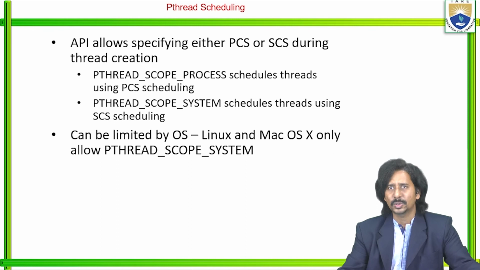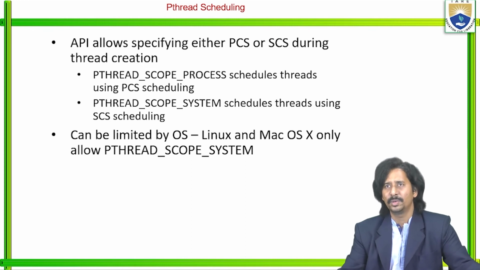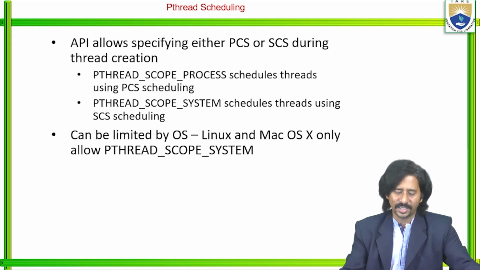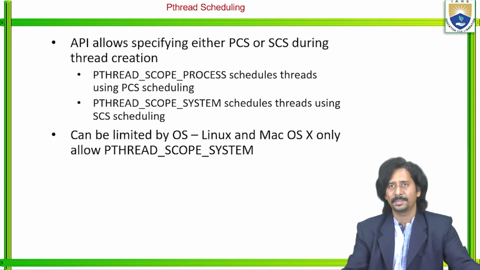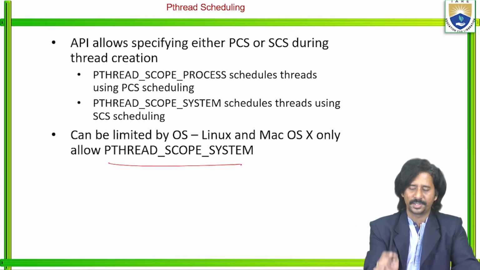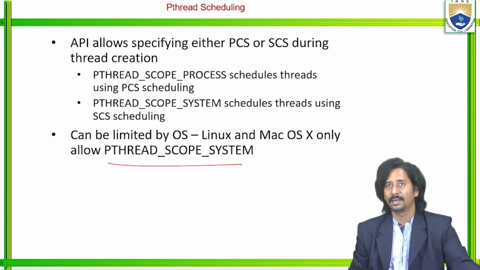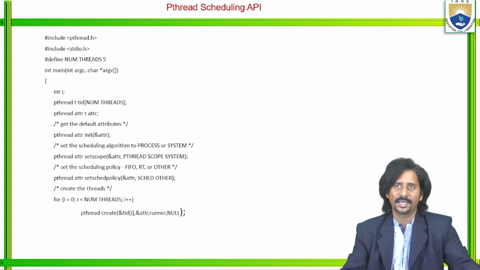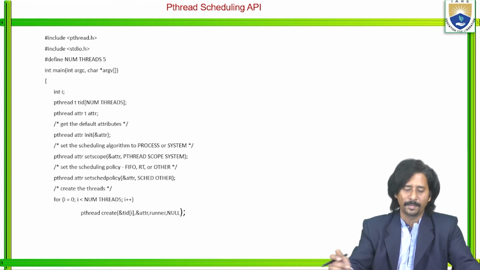Similarly, PTHREAD_SCOPE_SYSTEM schedules the threads using SCS scheduling, right? But Pthread scheduling can be limited by the operating system: Unix, Linux and Macintosh operating systems only can allow PTHREAD_SCOPE_SYSTEM, right? So that's why here we call it Pthread. So this is the simple example for the Pthread scheduling application programming interface.